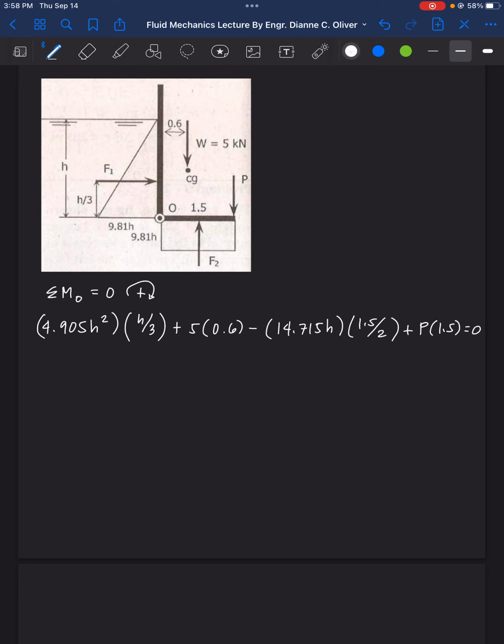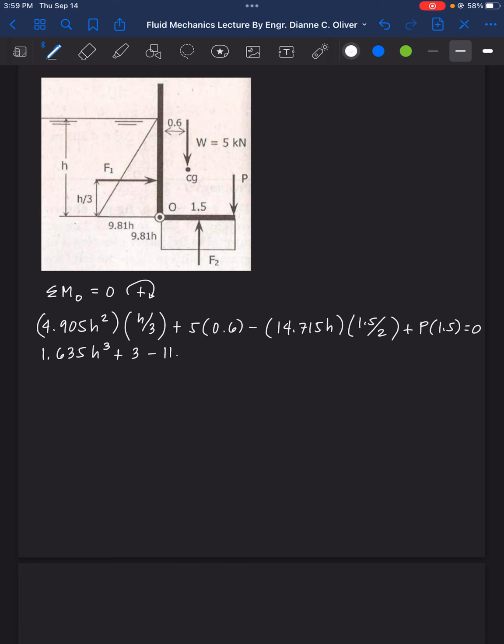So 4.905 divided by 3, that is 1.635 h raised to 3, plus 3, minus this one here, 11.036 h, plus 1.5 of P, that is equal to 0.